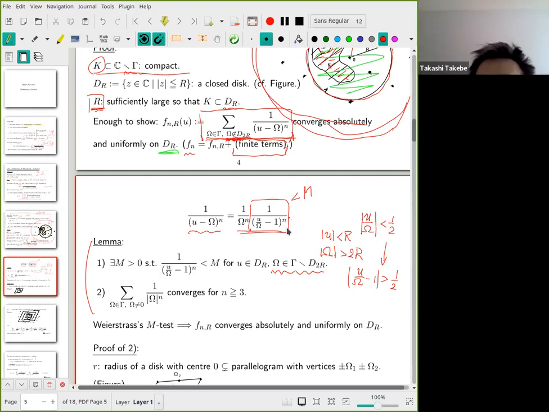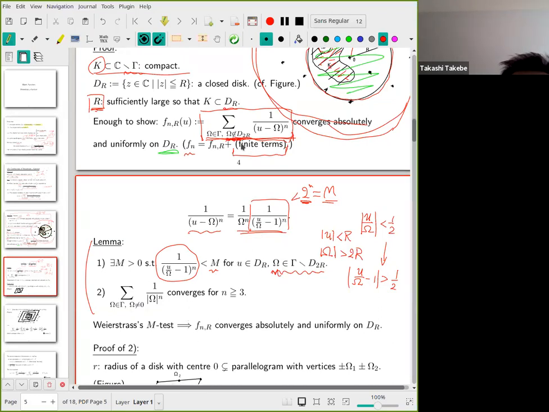So actually, we can take M_n as this bound. The concrete value is not very important. We can bound this factor by some constant which does not depend on omega.